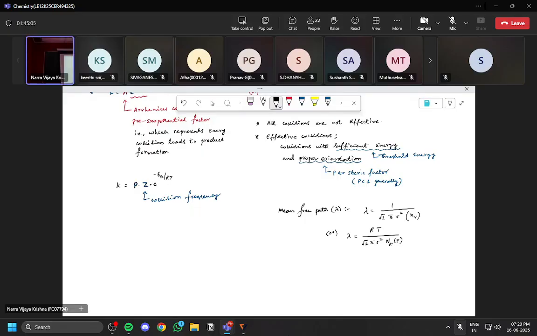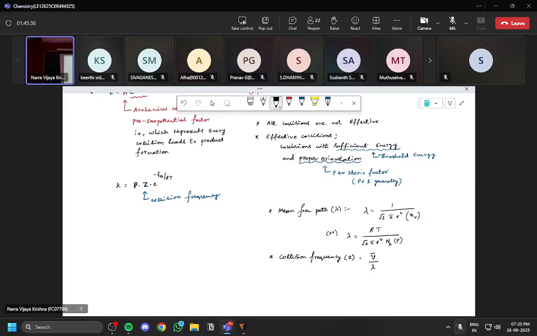Now what about collision frequency Z? What is it? Collision frequency Z is nothing but average velocity upon lambda. It is the number of collisions per second.